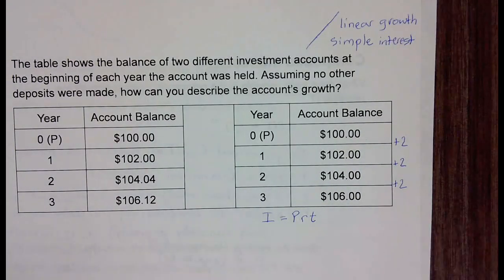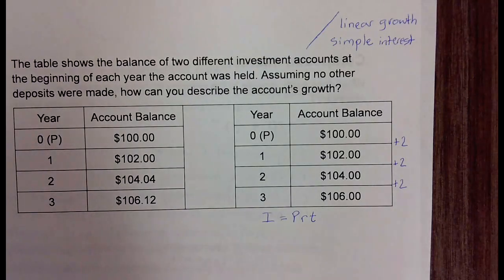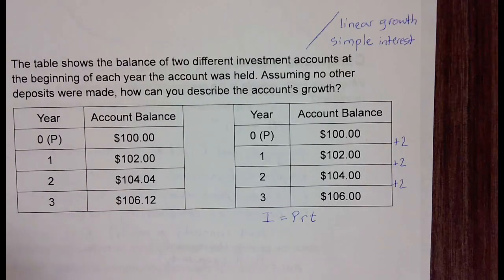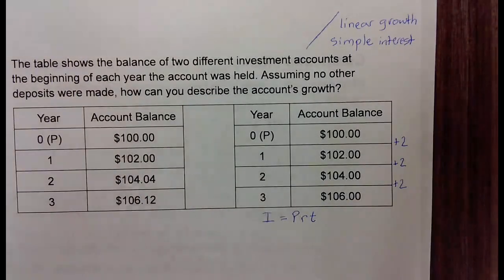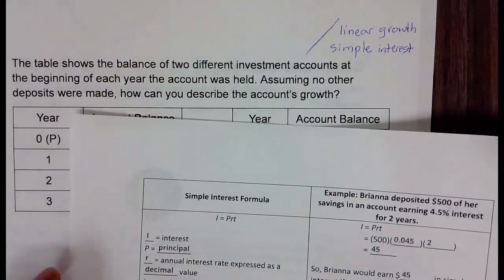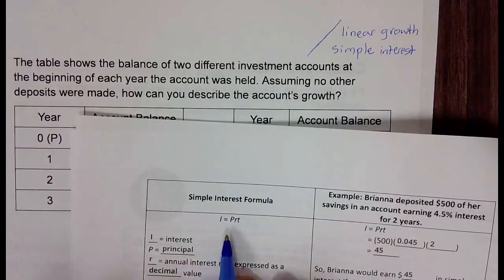And I can look back at my guided notes just like before and find that simple interest formula. There it is. Interest equals principal times rate times time.